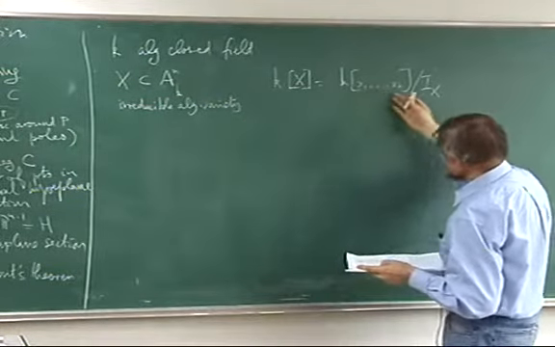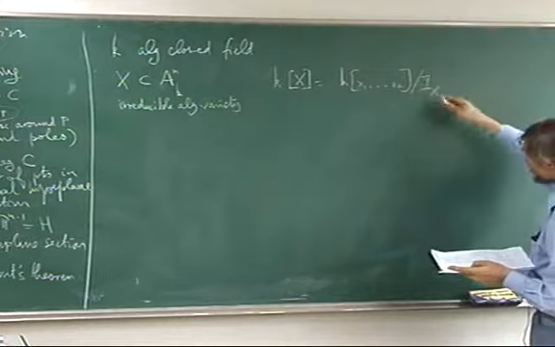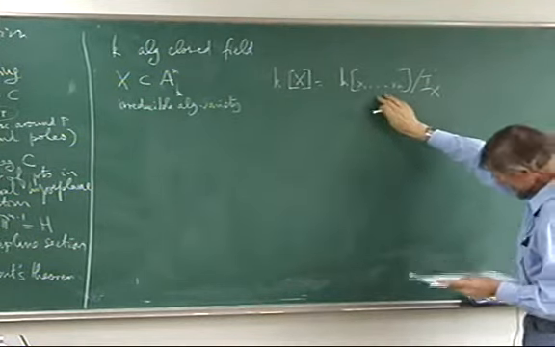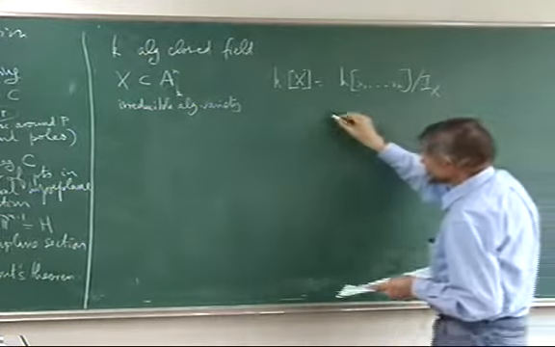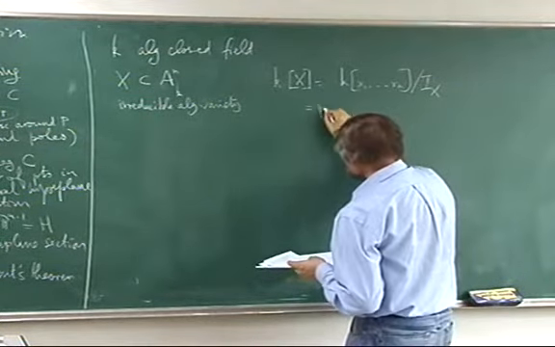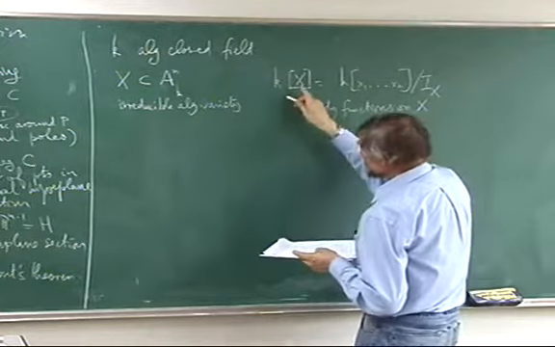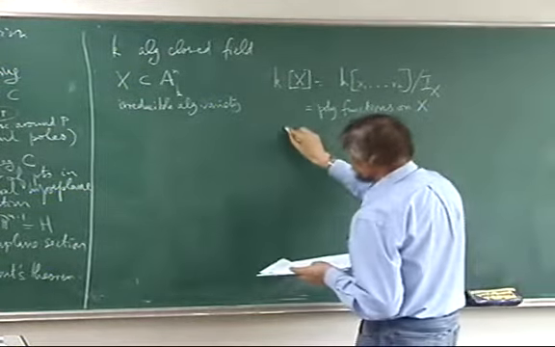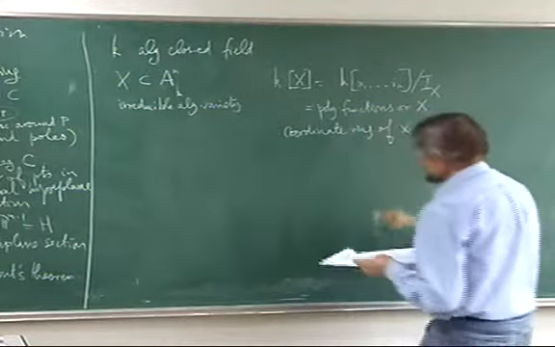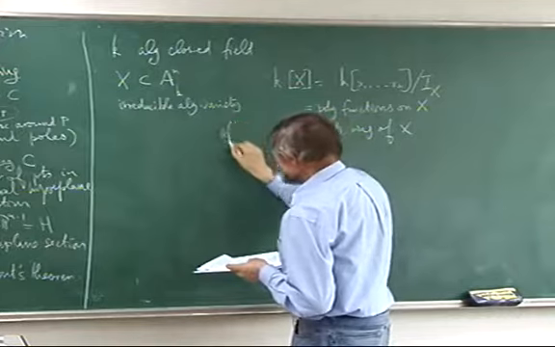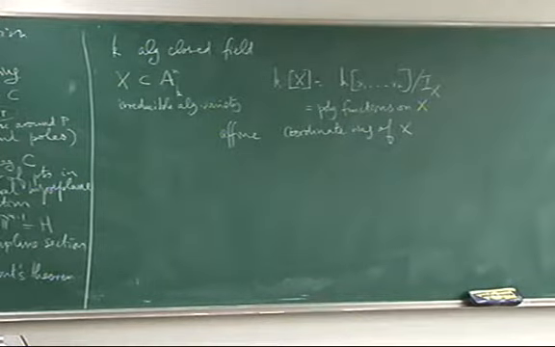I take all the functions that are polynomials on the space, and then I think of them only taking their value on X. So dividing out by I(X) is saying that two functions are equal if their difference is 0 everywhere on X. So this is polynomial functions on X, and in the material so far this has been called the coordinate ring of X. From now on I want to call it the affine coordinate ring of X, because there's also going to be a projective coordinate ring, this homogeneous coordinate ring.